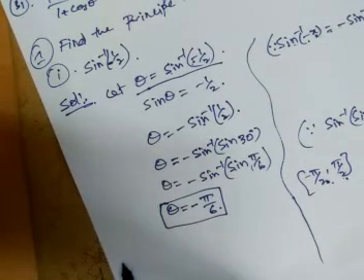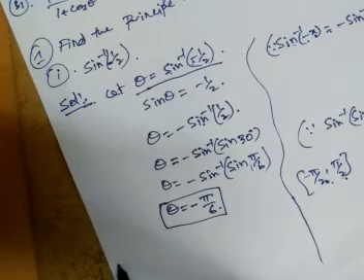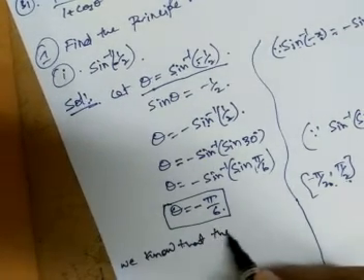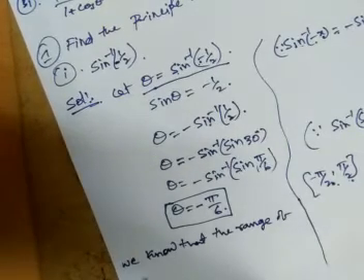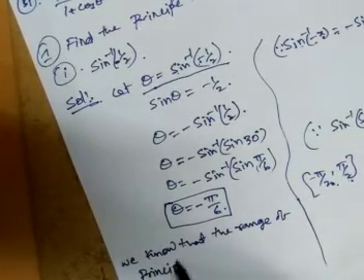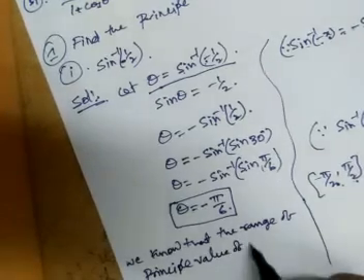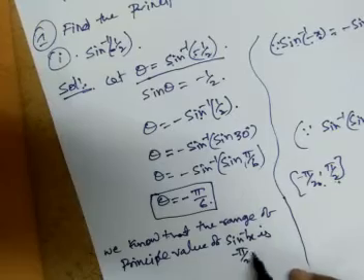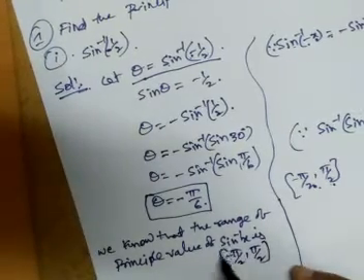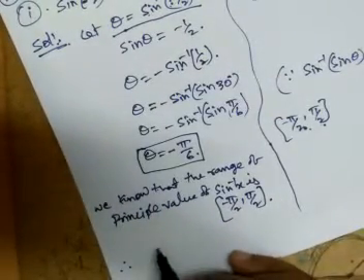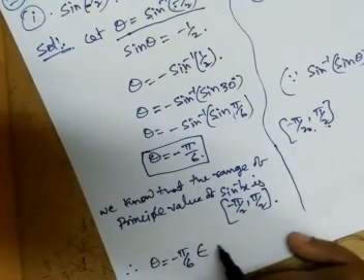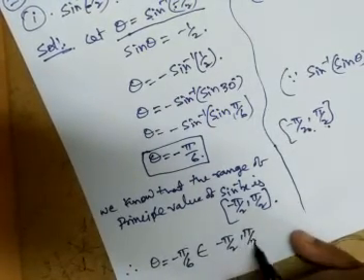Now you can write one term here. We know that the range of principal value of sine inverse of x is minus pi by 2 to pi by 2. Therefore, theta equals minus pi by 6 belongs to this range, minus pi by 2 to pi by 2.